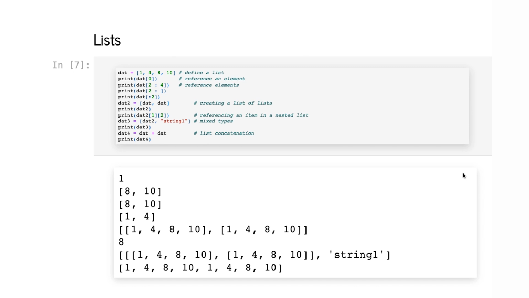So if you look at our list 1, 4, 8, 10, when I do that, it gives elements 8, 10, and if I had another element in the list after 10, let's say 11, it would still only print out 8, 10, because those are the only elements in that range.